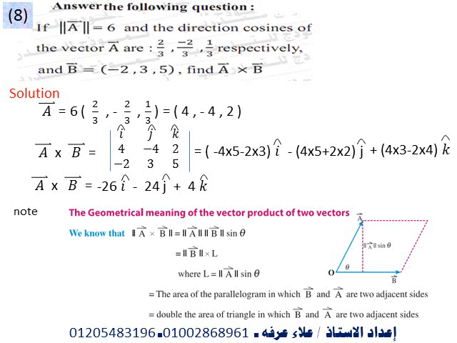We know that the norm of vector A cross vector B equals norm vector A multiplied by norm vector B multiplied by sine theta, equals norm vector B multiplied by L, where L equals norm vector A sine theta, equals the area of the parallelogram in which vector B and vector A are two adjacent sides, equals double the area of the triangle in which vector B and vector A are two adjacent sides.